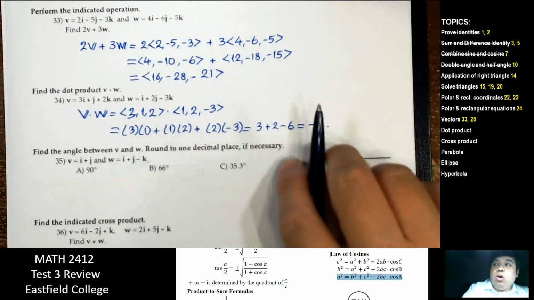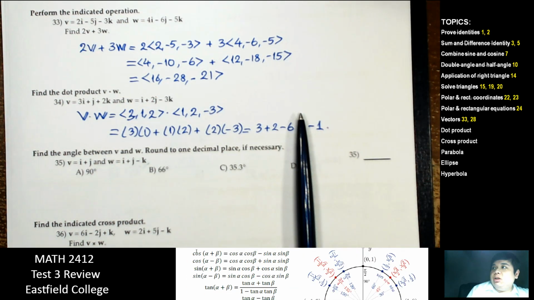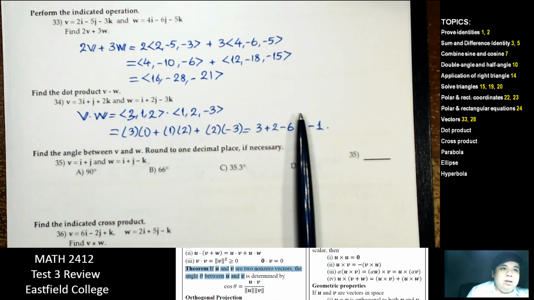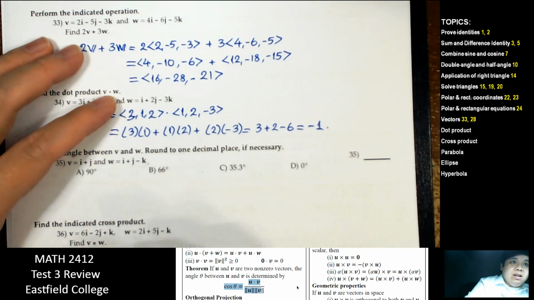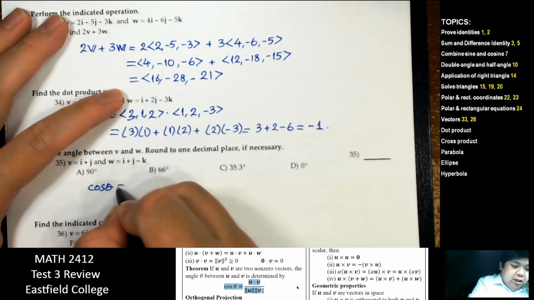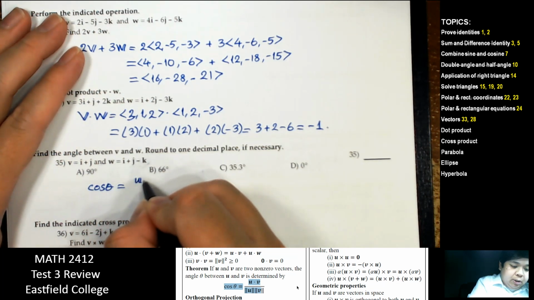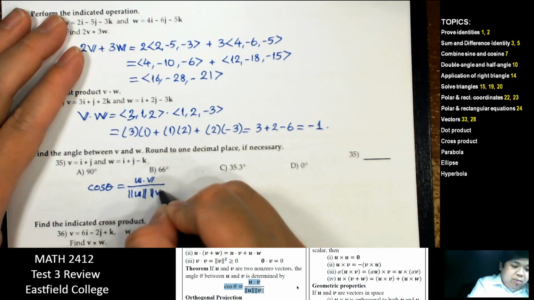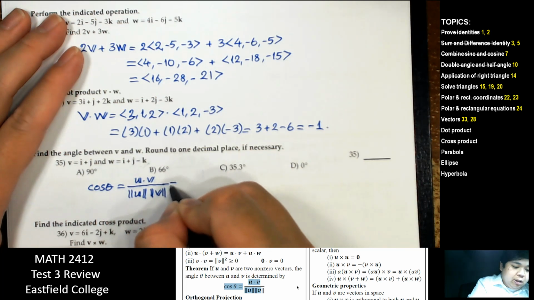Right. The angle between two vectors, we do have that formula. So cosine of theta is equal to the dot product over the product of the magnitudes.